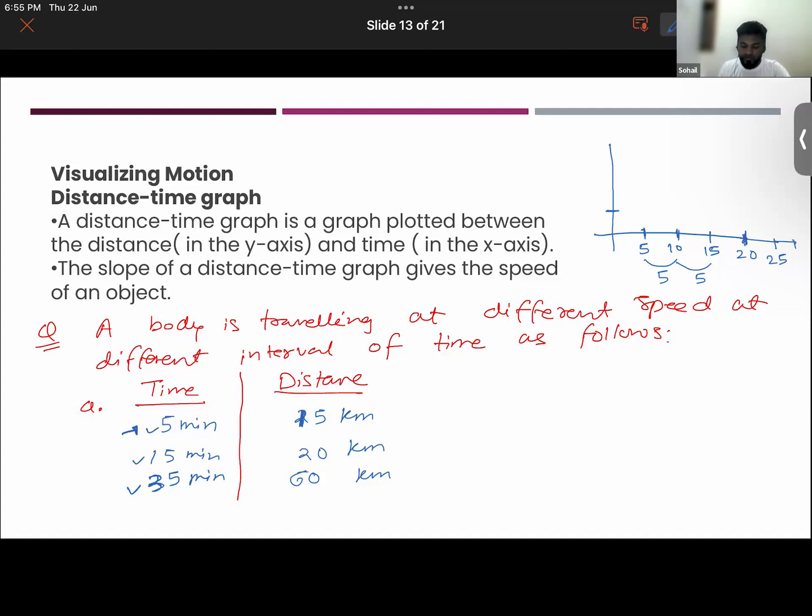For example, here it starts from 15 kilometers, so we could start from 15, then 30, then 45, then 60, so that all the values given in the question are covered. 15 is covered here, 20 will lie between 15 and 30, and 60 lies here.